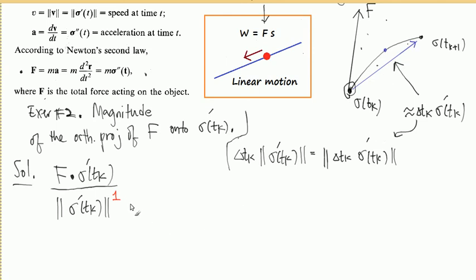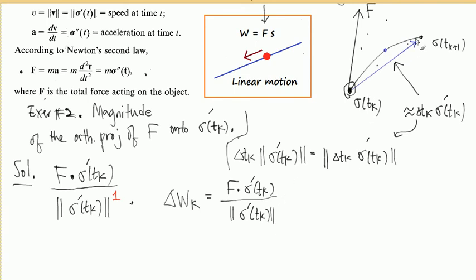Okay. Then delta W k, the work done by this force over this tiny segment, which is in the correct direction of this delta k, but is a lot shorter than sigma prime tk. So this is the work, which is this one, multiplied by this, just a scalar multiple, the length of this vector.